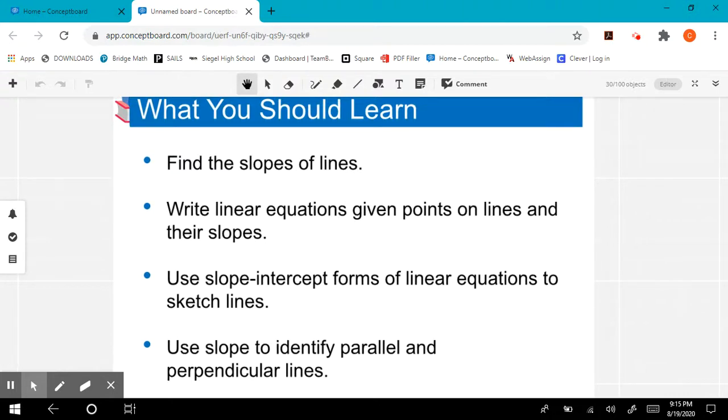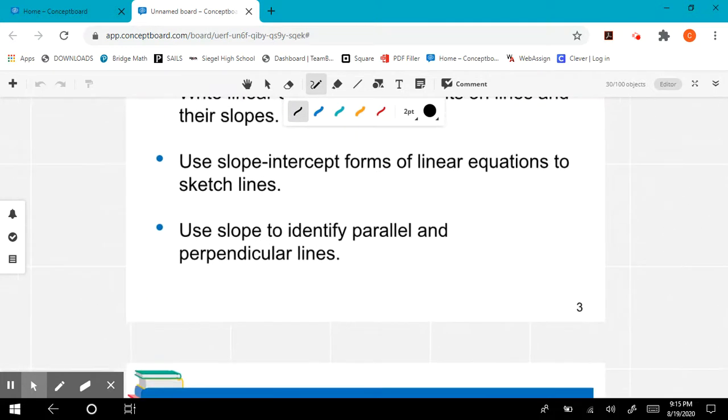We're going to write some equations given 2 points and also given points and slopes. We're going to use slope-intercept formula of linear equations to sketch lines, and then we're going to find parallel and perpendicular lines and look at their slopes and how we can identify those using the slope.